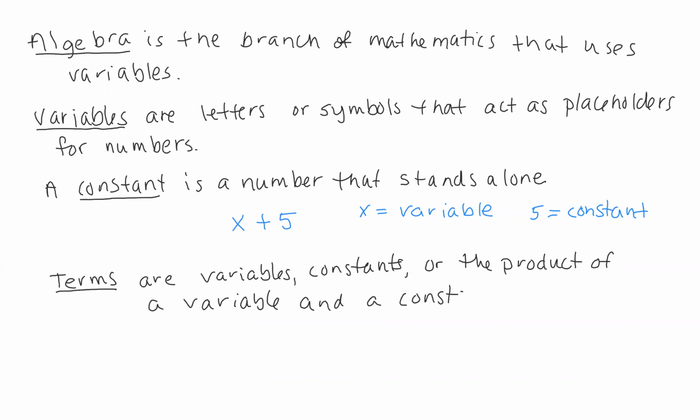So we could have something like plain old x could be a term, plain old 5 could be a term. We could have something like negative 2y could be a term. We could have 4x squared, that could be a term. We could have negative 17, that could be a term.